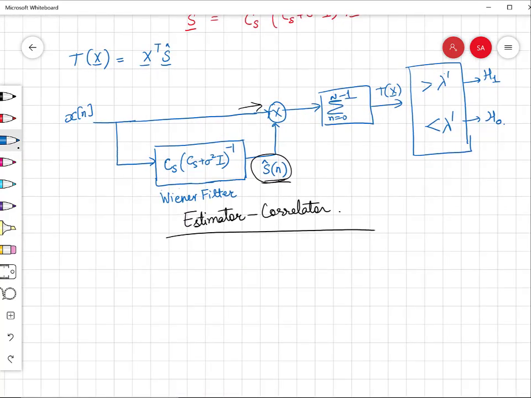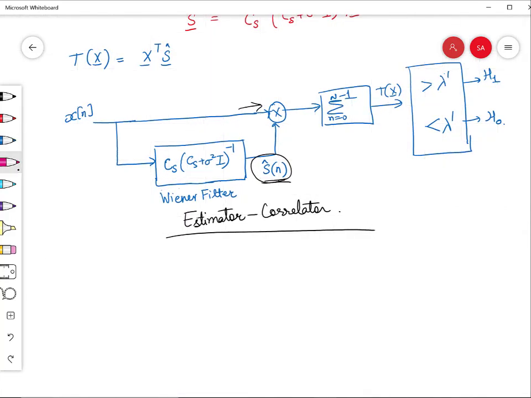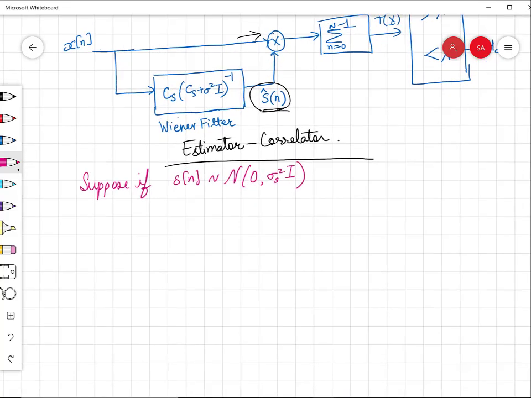But what I am going to show you is what happens if we take a very simple case, as we took last time. Suppose S of n is a Gaussian with mean 0 and variance sigma s square I. So I am talking about the white Gaussian process.